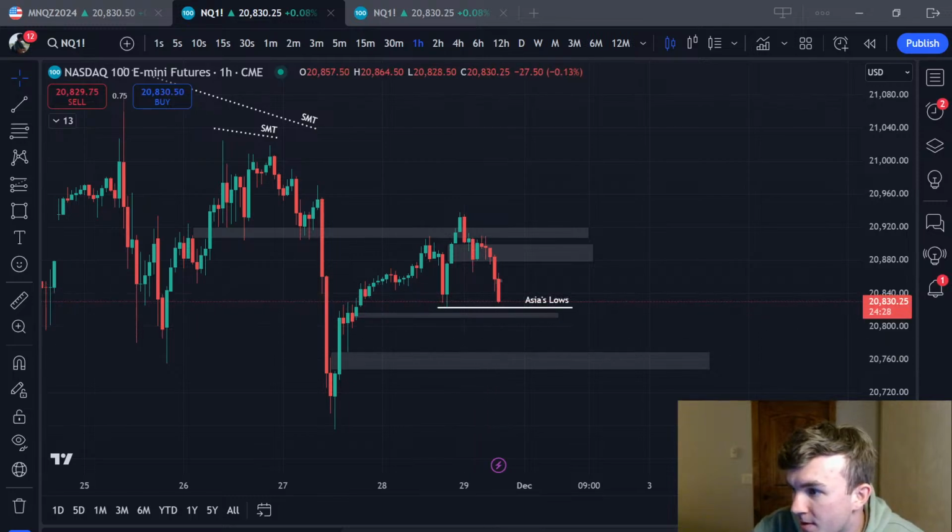I'm gonna get the trade pulled up on this other screen here. But that trade was good.